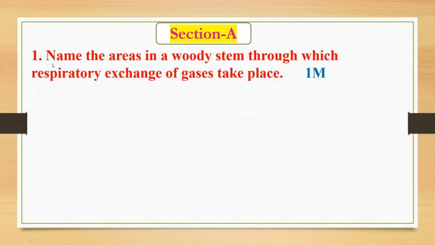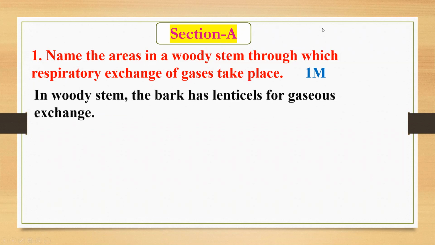Questions and answers, we will clearly understand. First question is, name the areas in a woody stem through which respiratory exchange of gases takes place. Here, you know that the main gas exchange takes place through stomata, the small pores present on leaves, which are helpful for gaseous exchange or respiration.